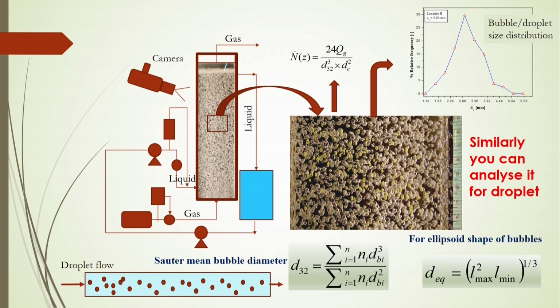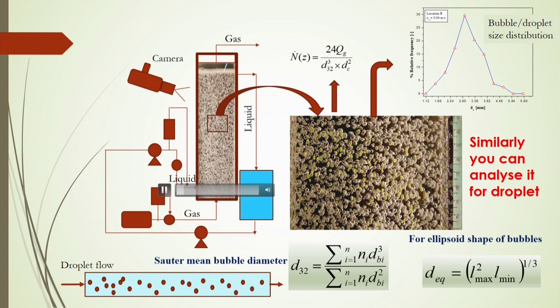Now, have a look at this diagram. Let us do an experiment of gas liquid operation. Here you observe that there is a flow of gas in a column.